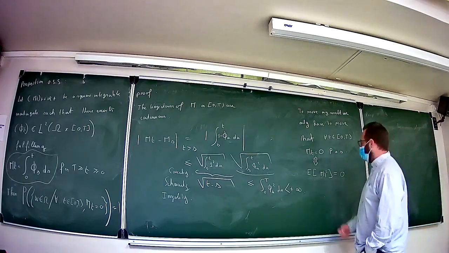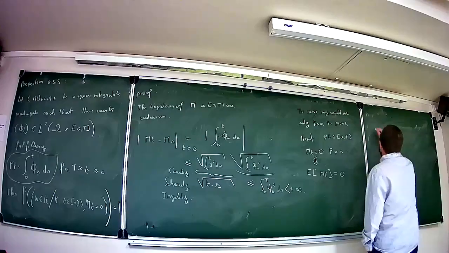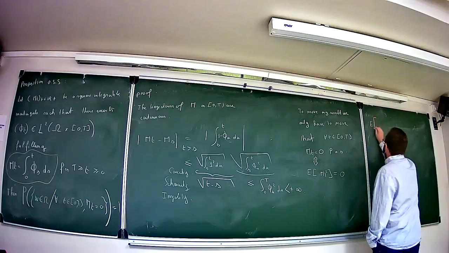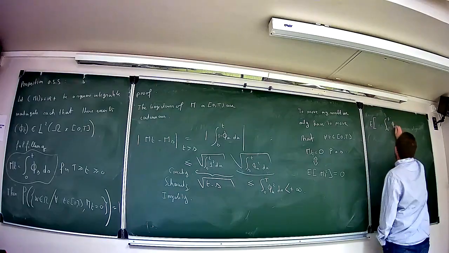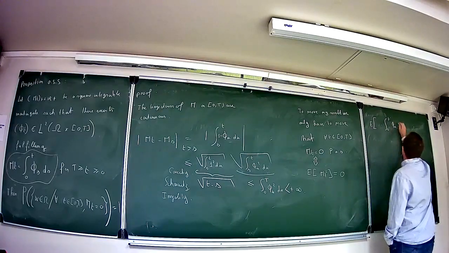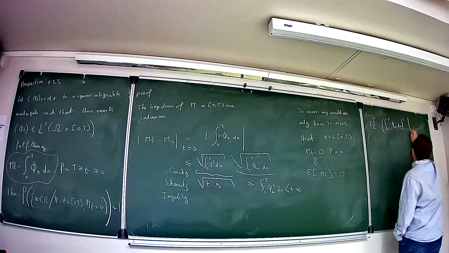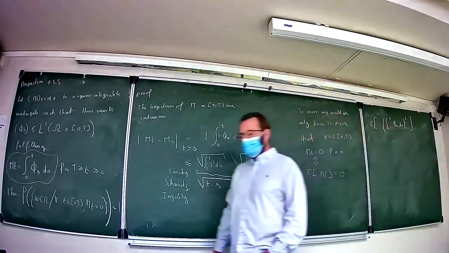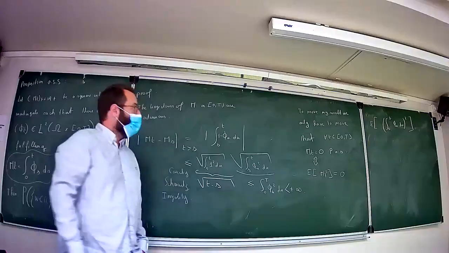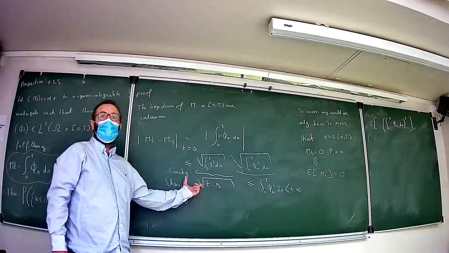So the idea is to say, okay, I just replace and see what happens. So if I replace and see what happens, I obtain this one. And your idea is to do more or less the same thing that I have done here.